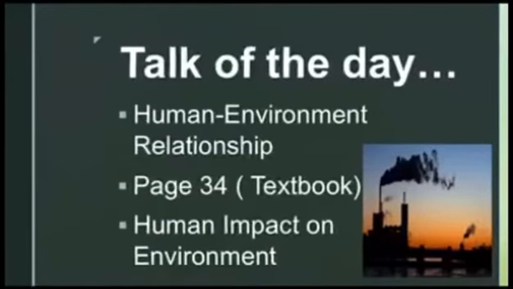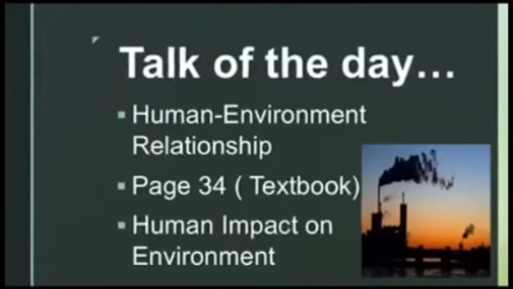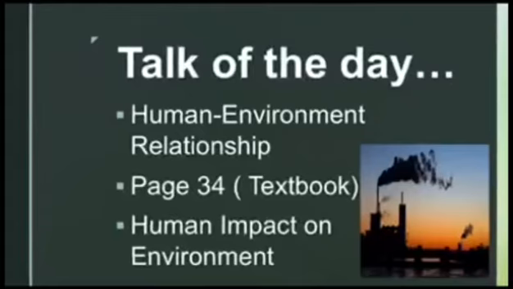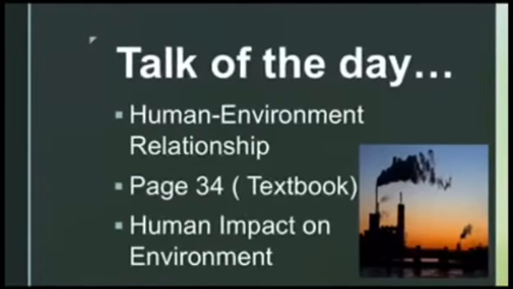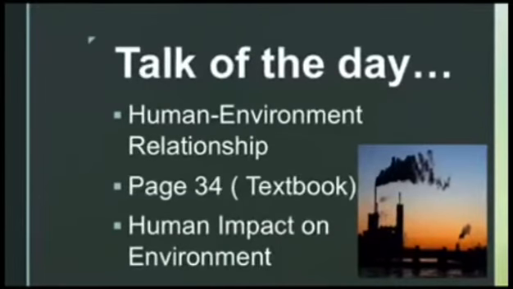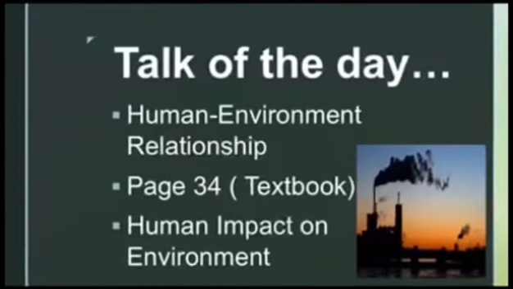So here, what is human environment relationship? Let's talk about it. Humans and environment both interact with each other and both affect each other in different ways. So first, our environment means our physical surroundings and the characteristics of the place in which we live.